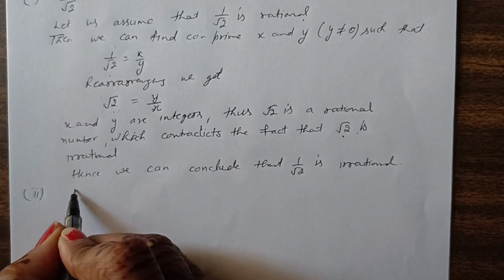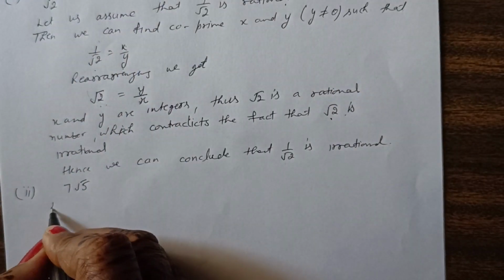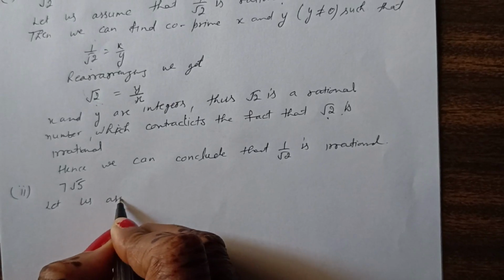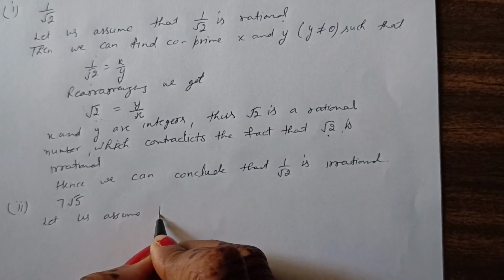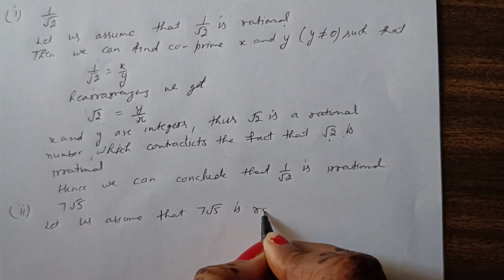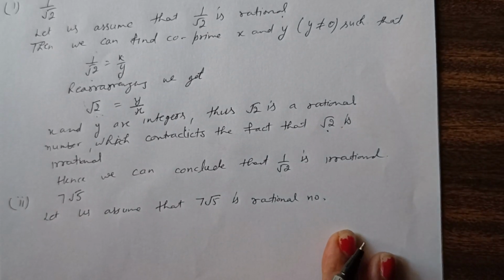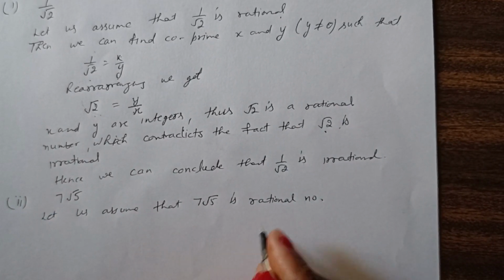Second part, 7 root 5. Like the first part, let us assume that 7 root 5 is a rational number. First of all, we assume that 7 root 5 is a rational number.